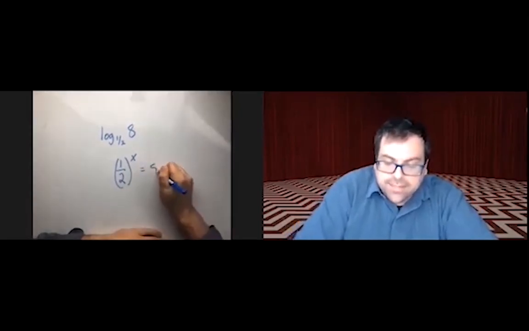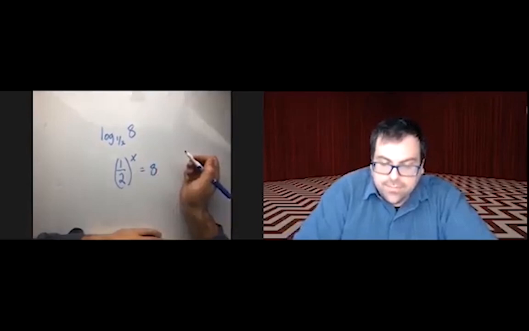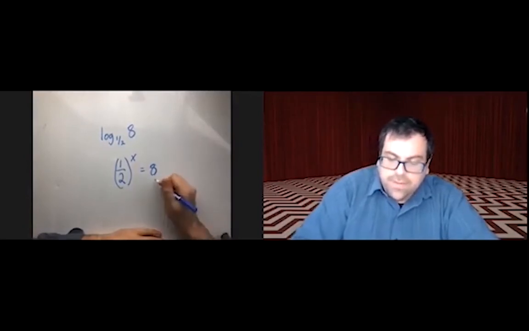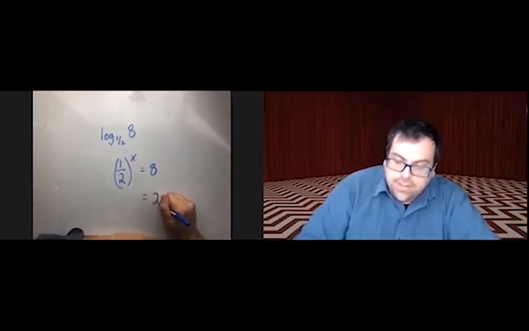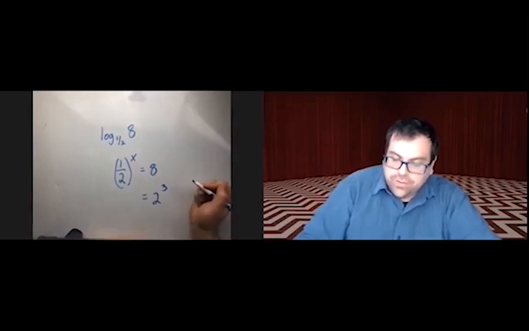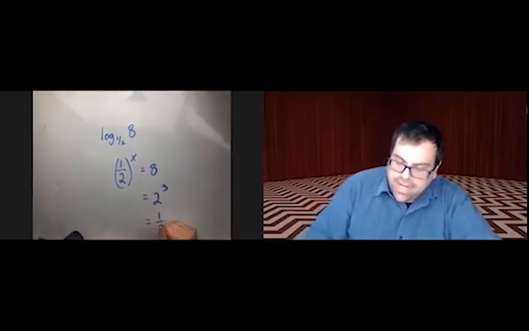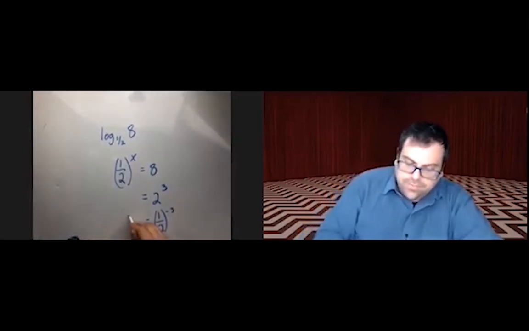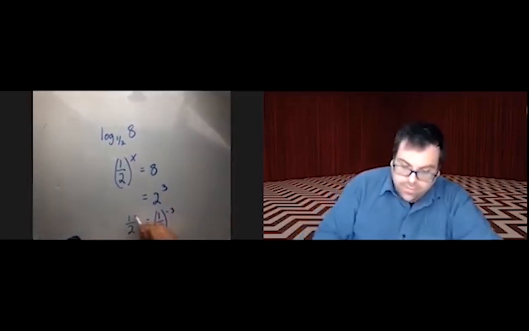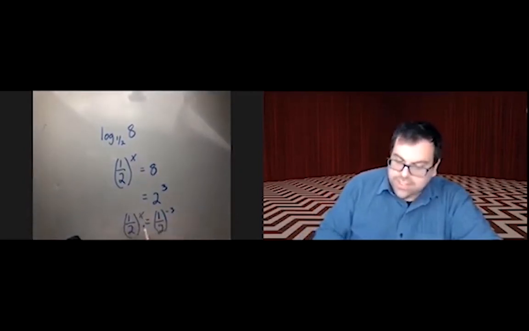This has to equal 8. Well, 8 is 2 to the third, which would be 1/2 to the -3rd. So we see that x has to be -3.